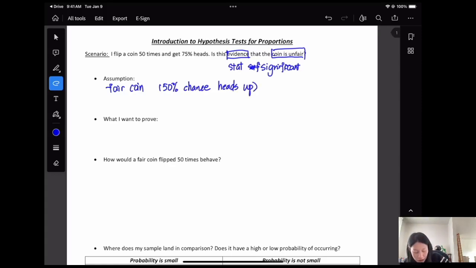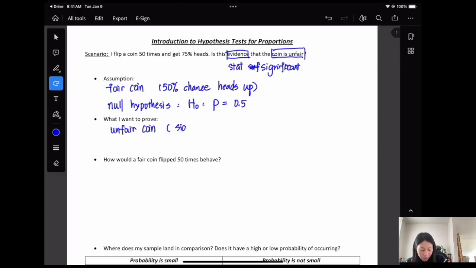And then, when it comes to hypothesis test, the assumption we consider is the null hypothesis. We use the notation H sub 0. Since this is the null hypothesis, the probability is 50%, 0.5. And what I want to prove is that this is an unfair coin, which means it's significantly more than 50% heads up.